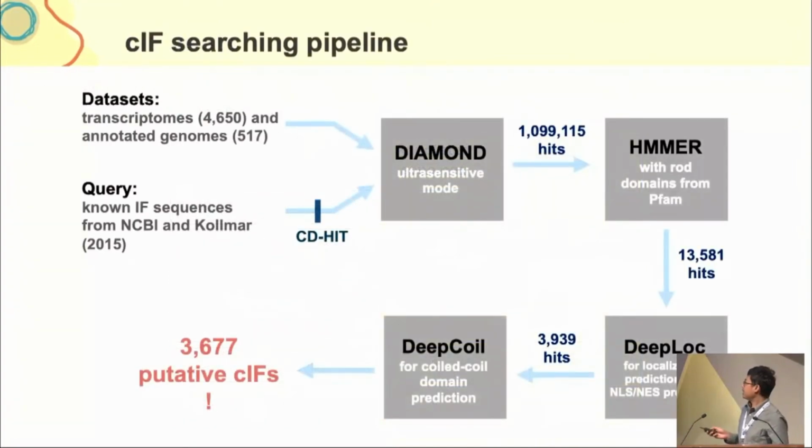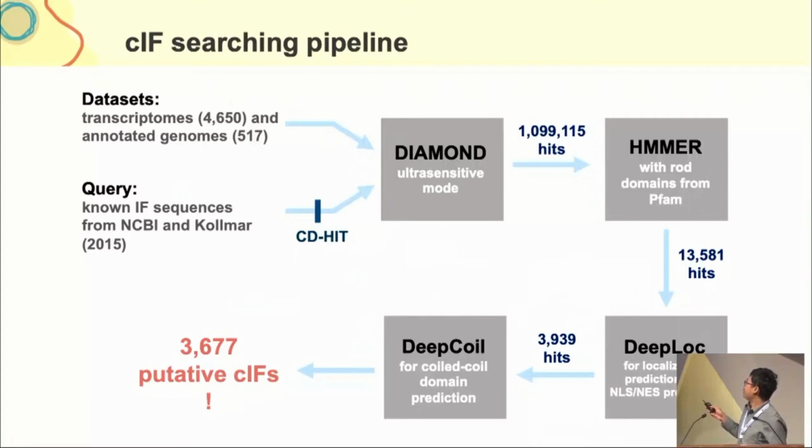With this data set in hand, first we try to pick up everything that looks like intermediate filament based on the overall sequence similarity with our reference IF protein database. With this first screening, we could retrieve about 1 million hits. That is quite a massive number, so we definitely need another round of screening.